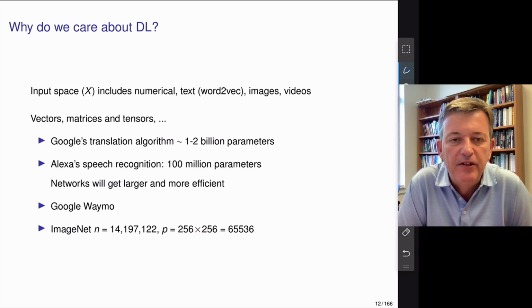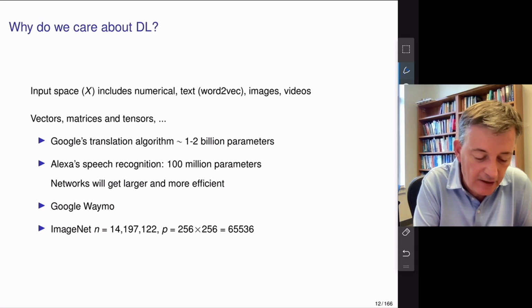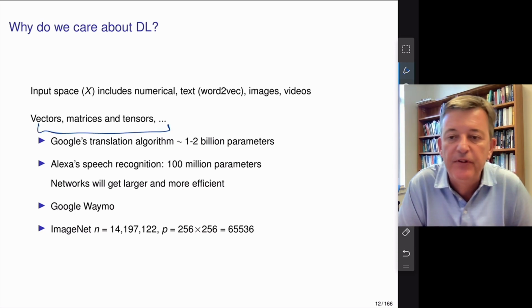So one of the great things about deep learning is that the input space can be extremely high dimensional.